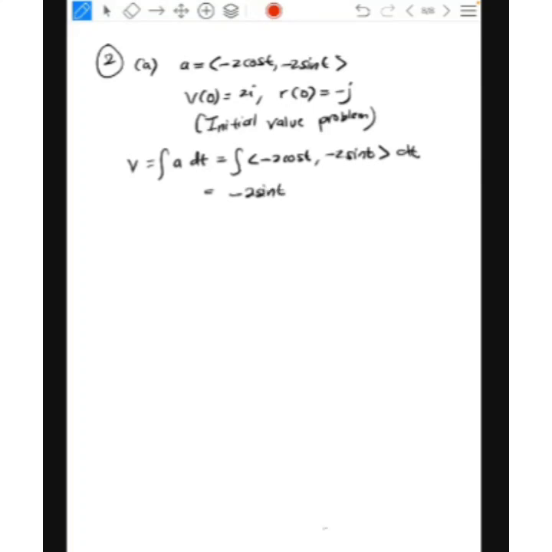Integrating sin gives negative cos, so negative negative is positive 2 cos t. You don't have to write plus c because this is an initial value problem, but it is plus c1 and plus c2.